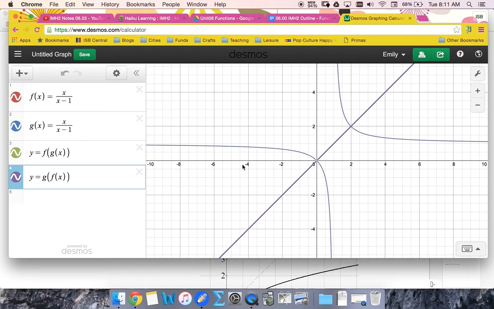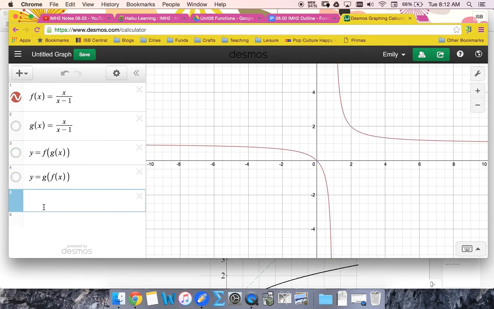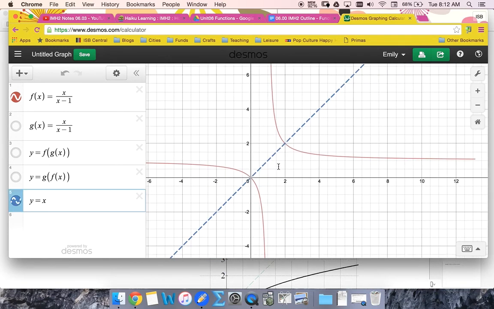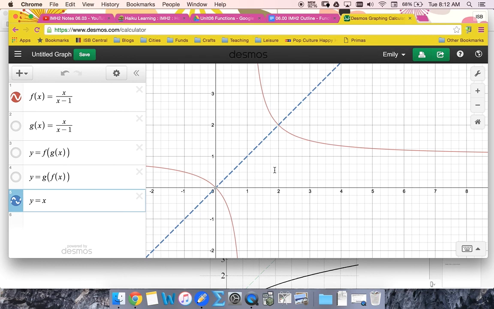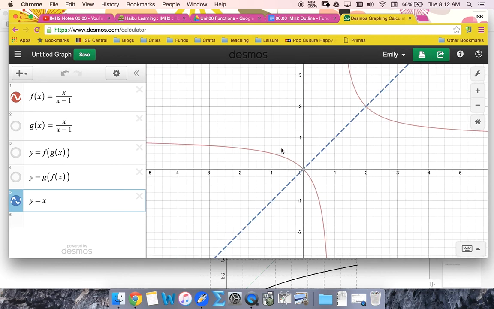Also, my original function, if I reflected it, so let's look only at the original, and let's look at the line y equals x. I'm going to make that a dashed line. Okay, so if we look at this, if I take this original function and reflect it over the line y equals x, well, this bit reflects over and comes down here.